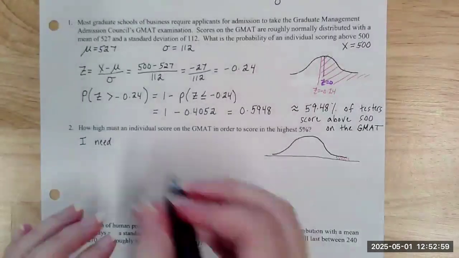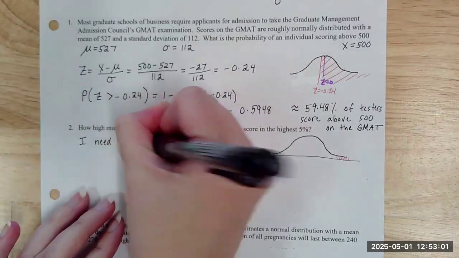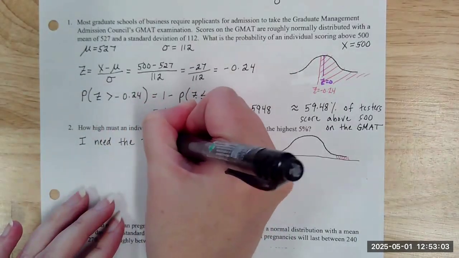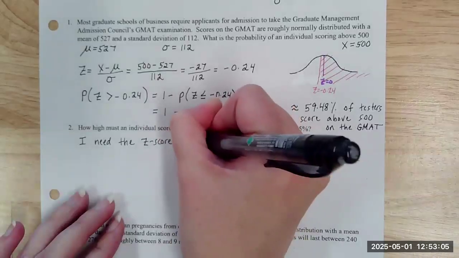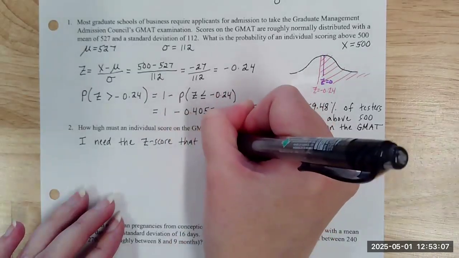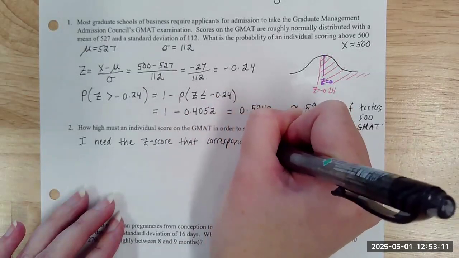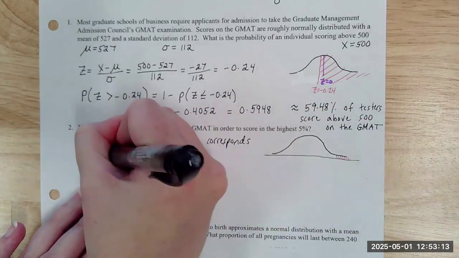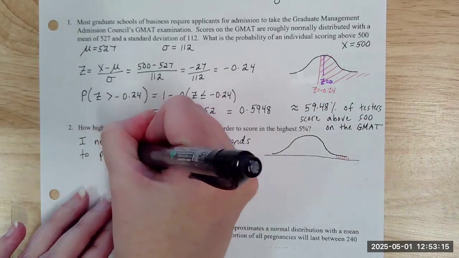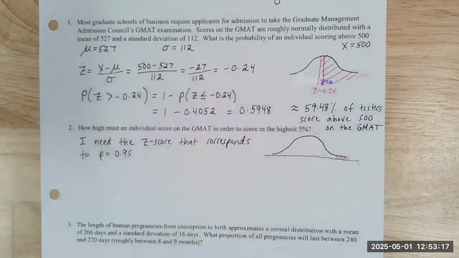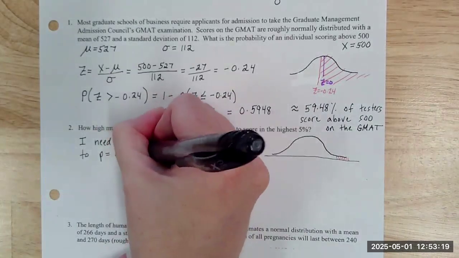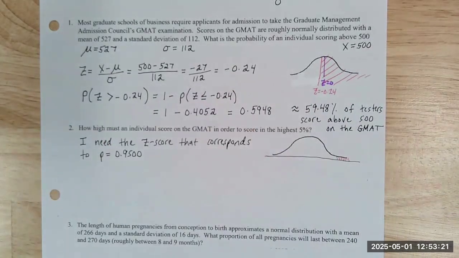Oops, sorry. I need the z-score that corresponds to P equals 0.95, or 0.9500 if you want to see the 4 decimals that you would normally see.